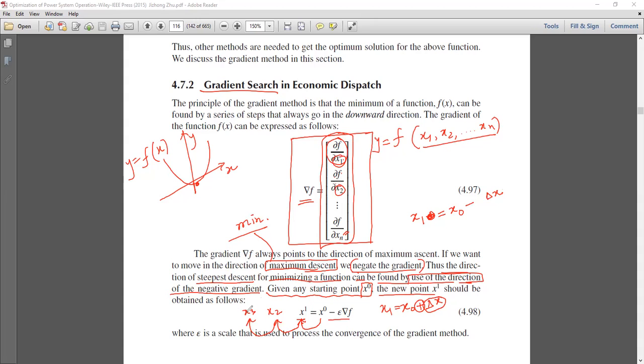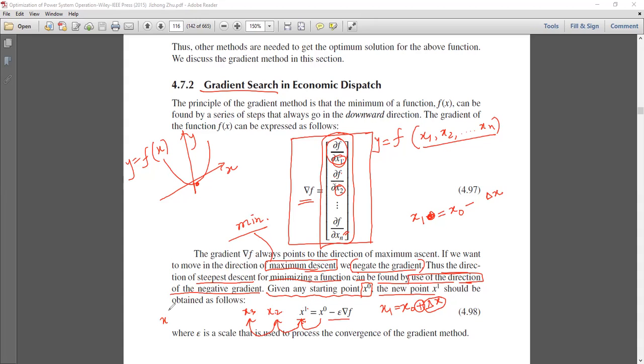So don't get confused. These x1, x2, x3 are values of x at iteration number 1, iteration number 2, iteration number 3, and so on. But these are the variables, x1 variable, x2 variable, and xn variable. So if I want to find the next value of x in iteration number 2, I have to update it like this.